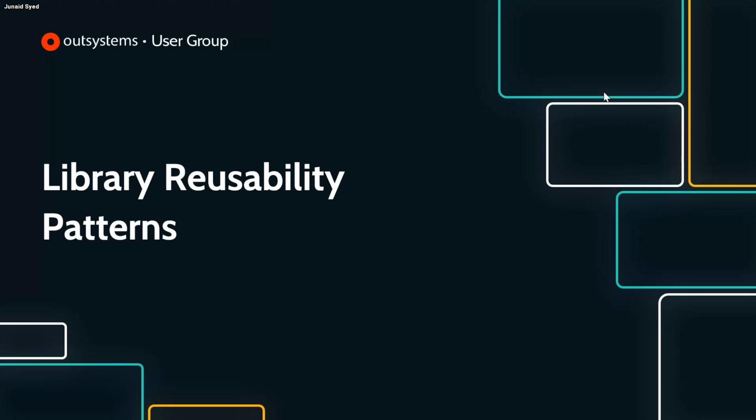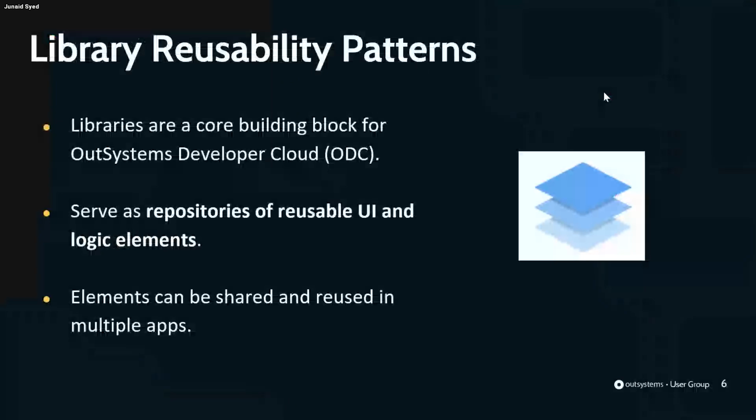So, library reusability patterns. Now, as we all know, libraries are the unit of our ecosystem on ODC, where they mainly contain the business agnostic elements. So libraries are stateless.